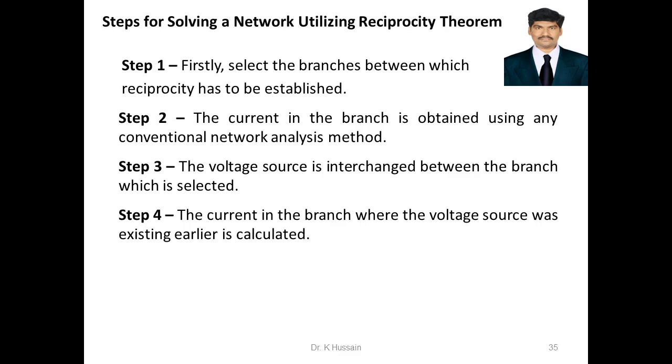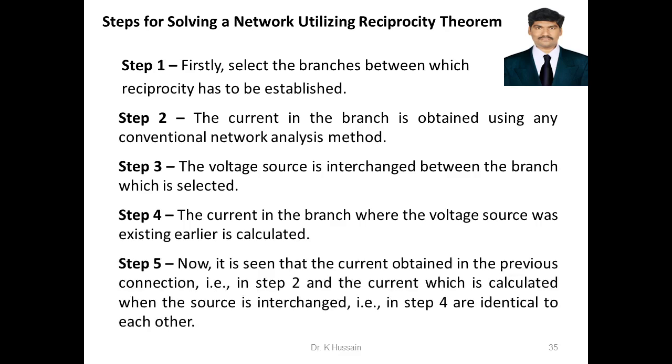In that branch you have to find the current. Now after finding this, the second step and the fourth step are both current finding only: current in the branch using any one of the conventional methods. Here, after shifting the voltage source, again you have to find the current. So the second step current and the fourth step current should both be the same.